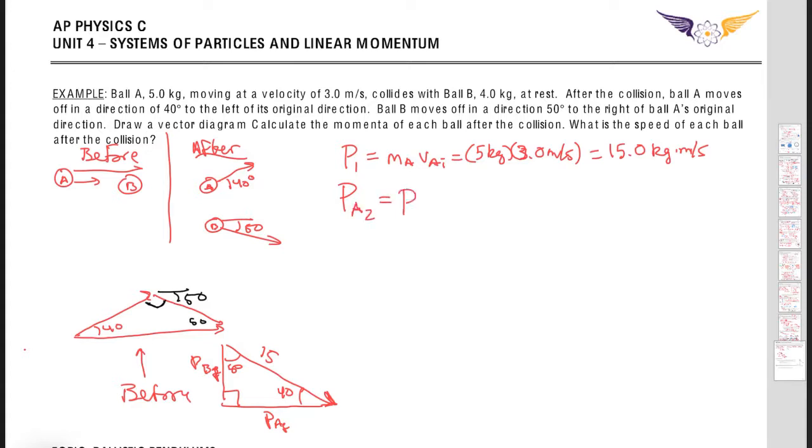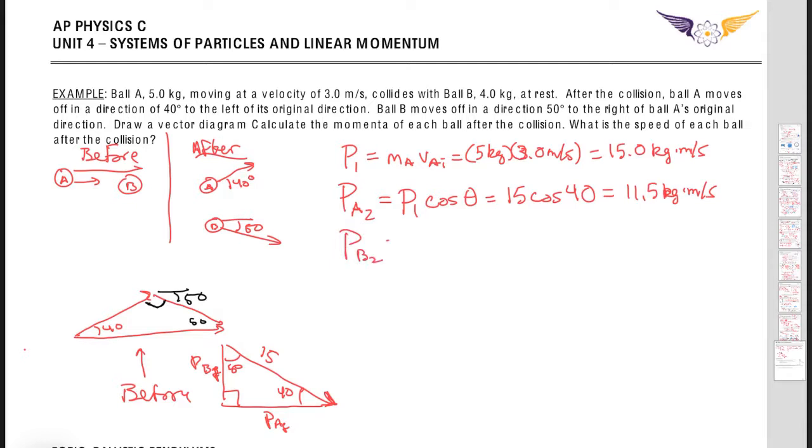So ball A after is going to be our momentum before times cosine, because it's the adjacent side of theta, which is going to be 40 degrees. So I'm going to do 15 cosine 40. Okay, and so again, let me pull up my phone calculator. 15 times cosine 40, and so that's going to be 11.5 kilograms times meters per second.